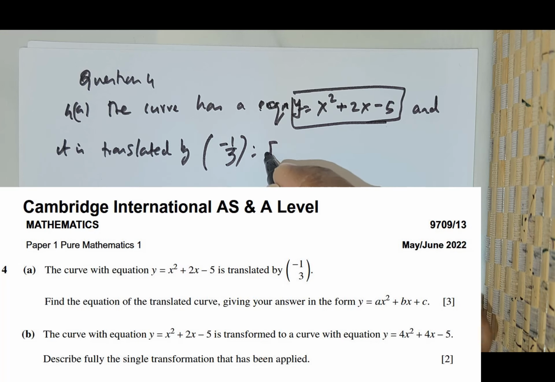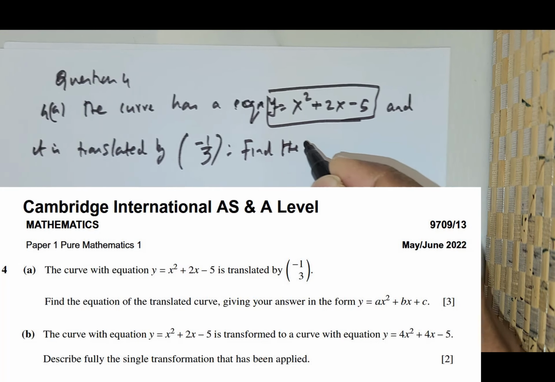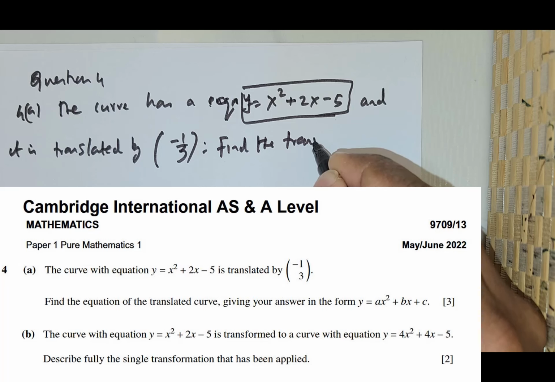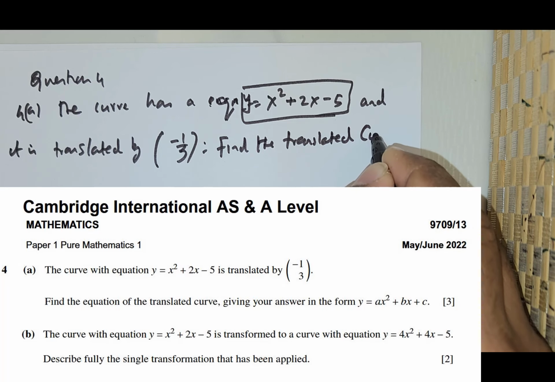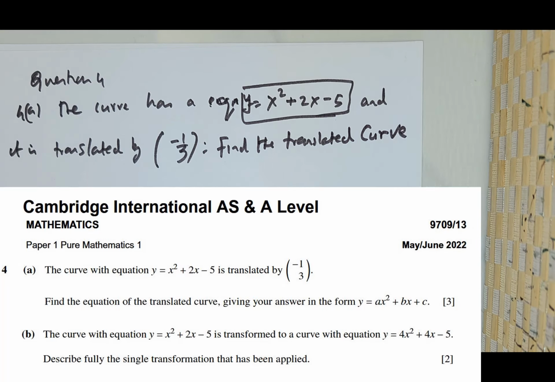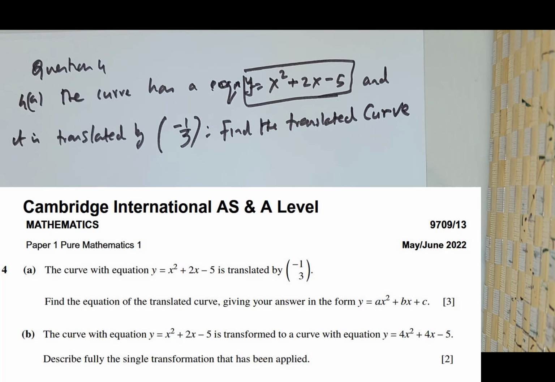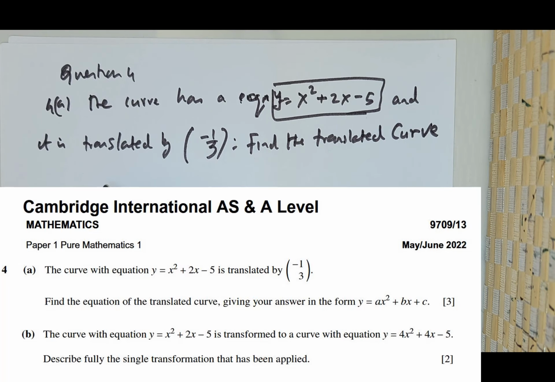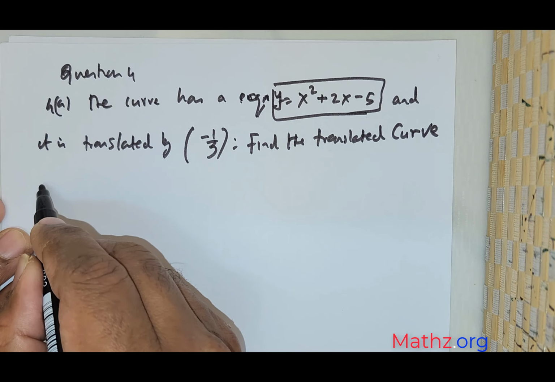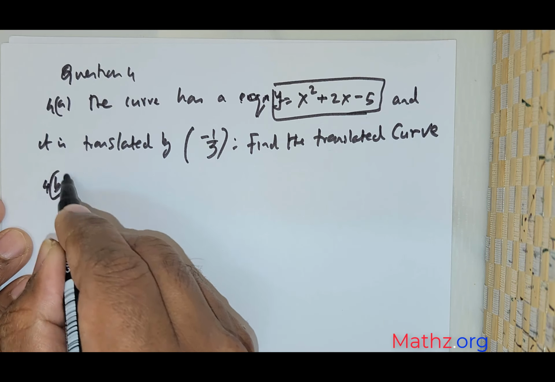We are asked to find the translated curve, and of course the form is stated there. We have to stick to the same form. Now there is a part B to this.